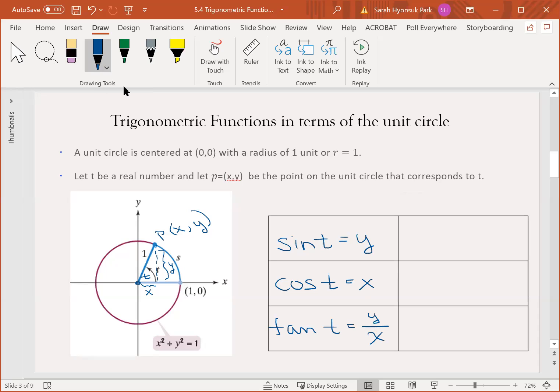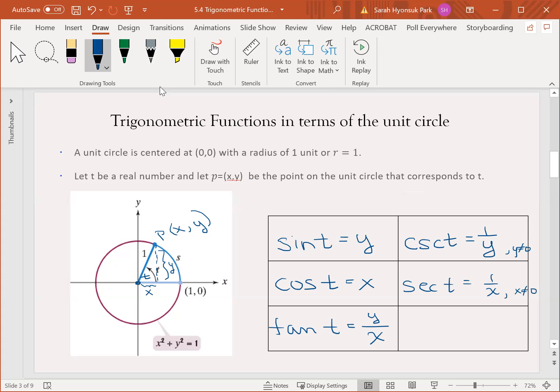Let's go to the reciprocal functions. The reciprocal of sine is cosecant T. It's 1 over Y, assuming that Y is not equal to 0 because we can't divide by 0. The reciprocal of cosine is secant T. So secant T is 1 over X, assuming X is not 0.